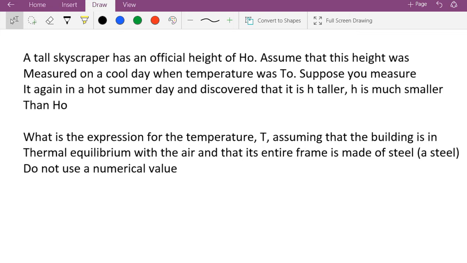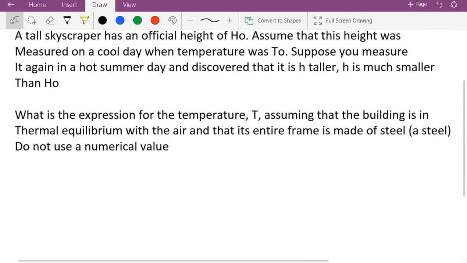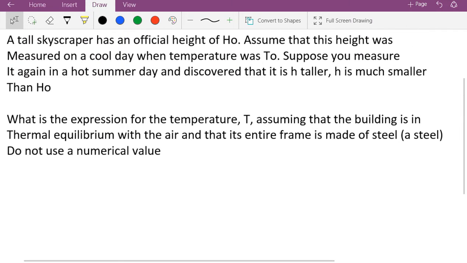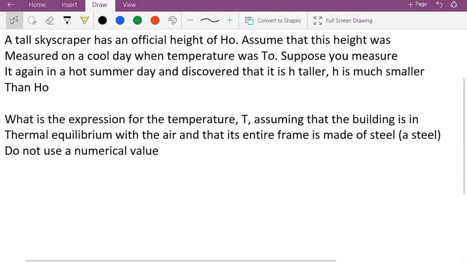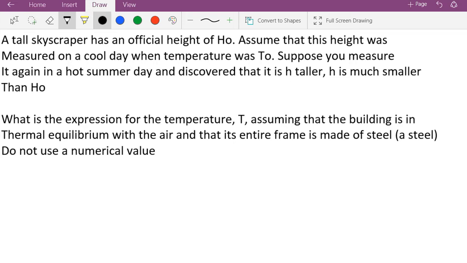And how we're going to do that is using equation, let's see, which equation is this? This is equation 17.6. Chapter 17, section 6 of the textbook covers thermal expansion and thermal stress.